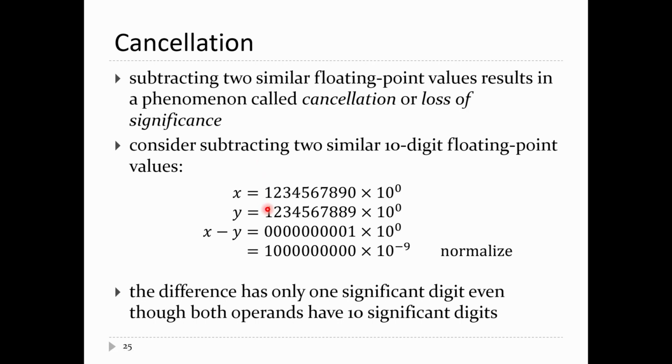In your floating point number, the leftmost digits are called the most significant digits. They're the most significant because they contribute most to the magnitude of the number. That 1 matters a whole lot more than that 9 for the overall value of that number. So the leftmost digits are the most significant digits, and the rightmost digits are the least significant digits.